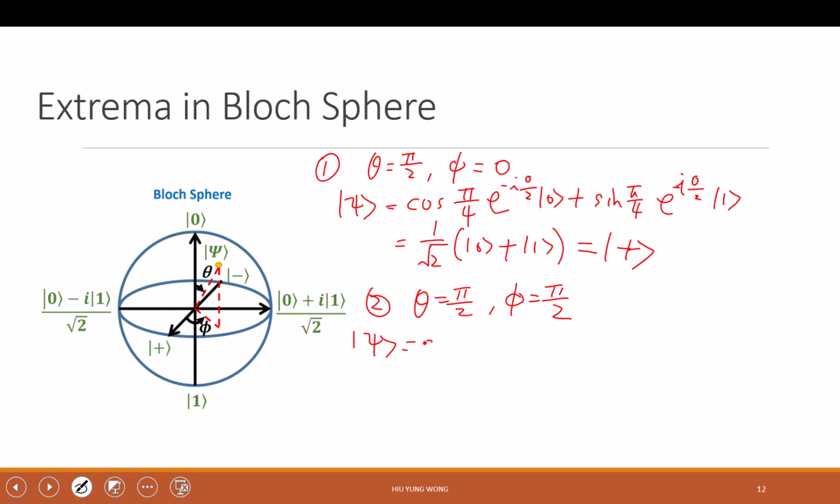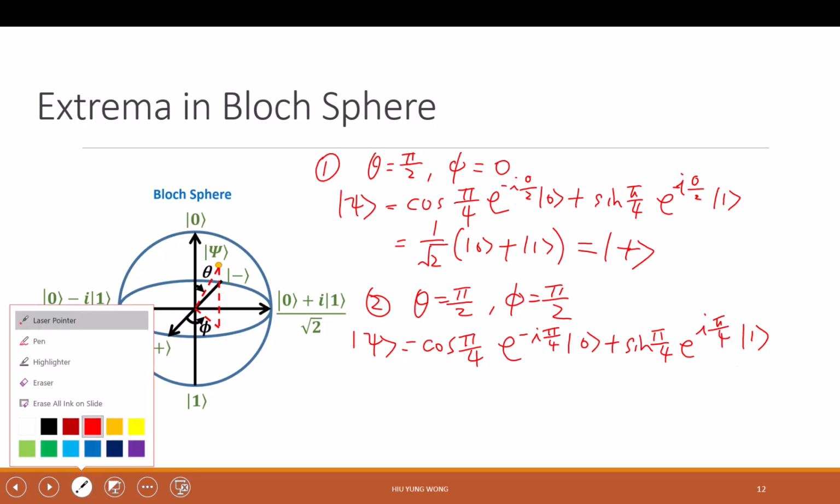This is equal to cosine pi over 4, same as earlier, but this is e to the power negative i pi over 4, 0, plus sine pi over 4, e to the power i pi over 4, 1. It's just pure substitution. Pi over 2 substituted into phi over 2, so it becomes pi over 4, right?